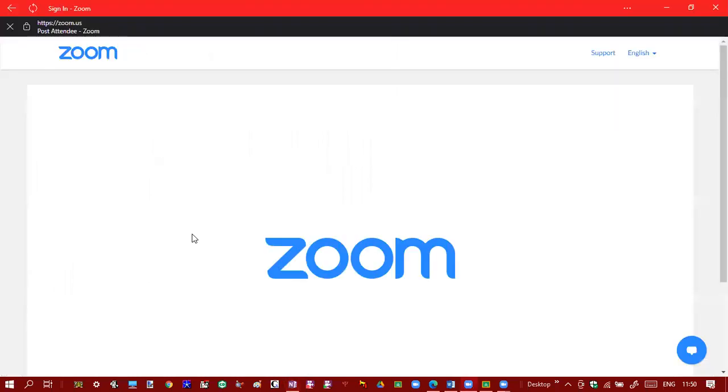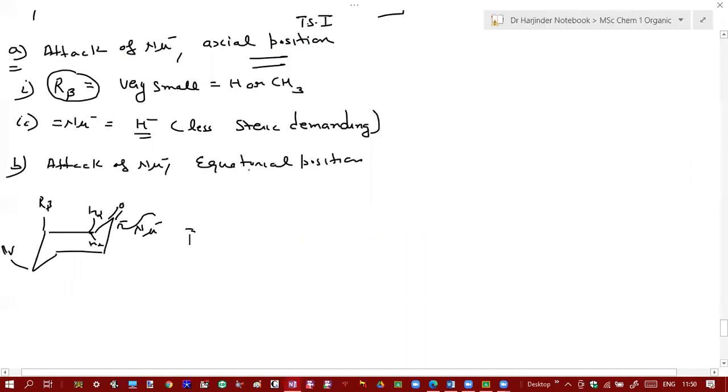In the transition state you have a quite similar situation. Now the attack of the nucleophile is taking place from this position, so it will be over here, and along this side this bond is there.